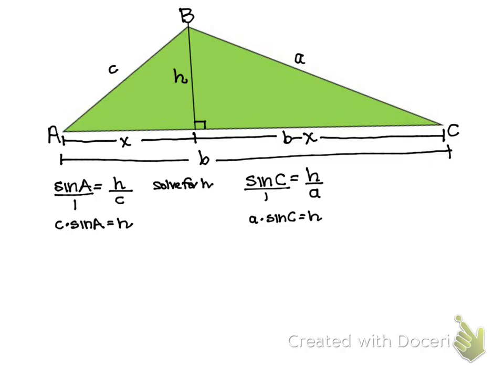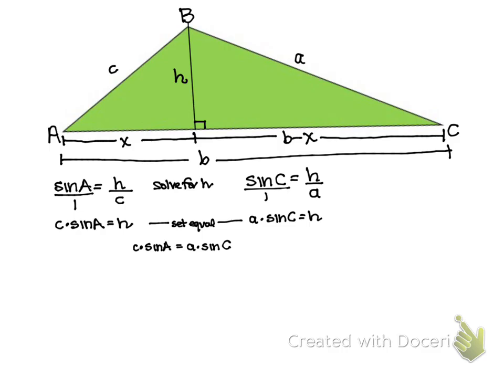So I can actually set these equal. I've got c times sine A is equal to a times sine C, since they're both equal to H, basically doing substitution.